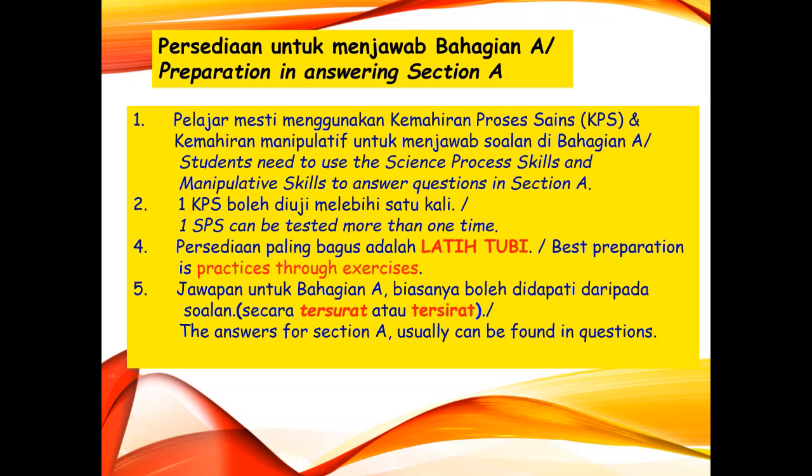For example, question number 1 asks about the hypothesis, and maybe in question number 3 they will ask hypothesis again. So the best preparation is to practice through exercises. Persediaan yang paling bagus adalah melalui latih tubi. The answer for Section A can usually be found in the questions, either secara tersurat atau tersirat.